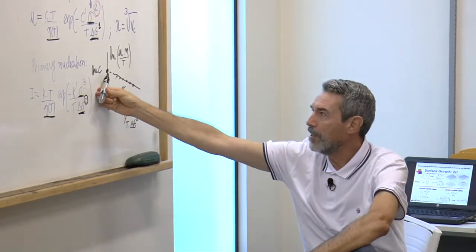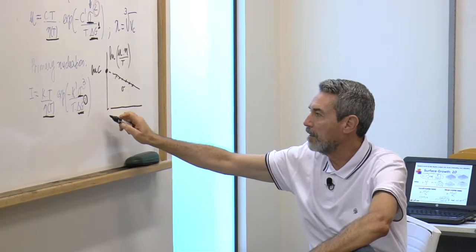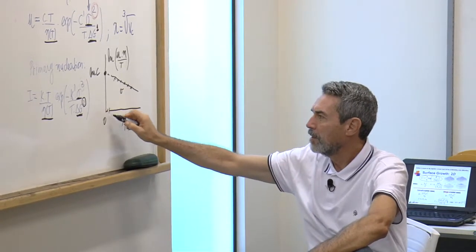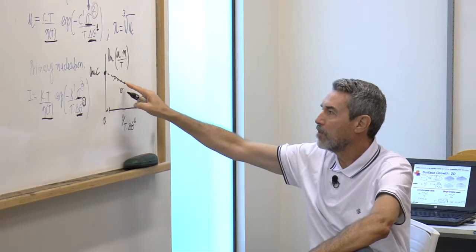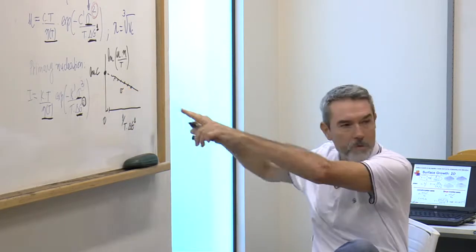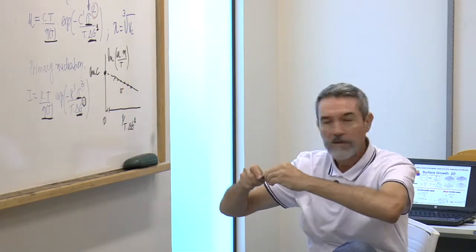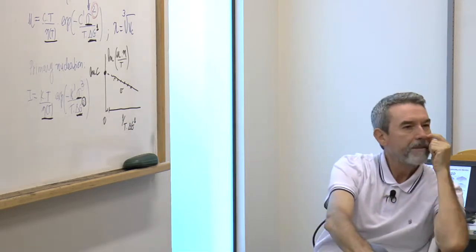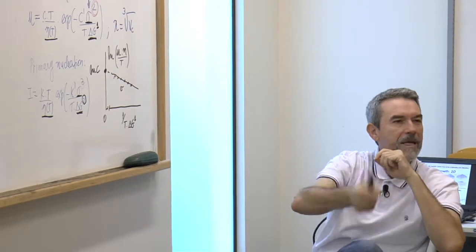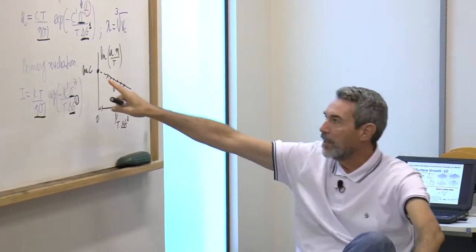You get the pre-exponential when you extrapolate this to 0, and the sigma from the slope. So you get the two parameters from this linear fit. So NS, lambda, everything will be included here.